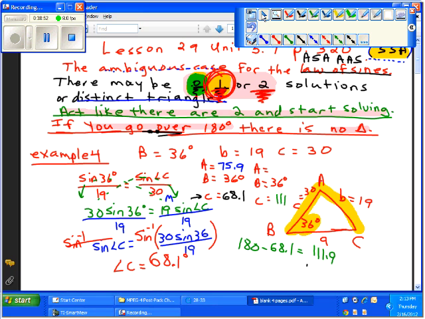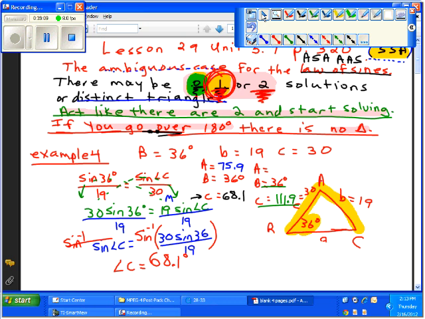So option 2 for angle C is 111.9 degrees. Did we go over 180? No, we did not. So option 2 works also because it did not put us over 180.